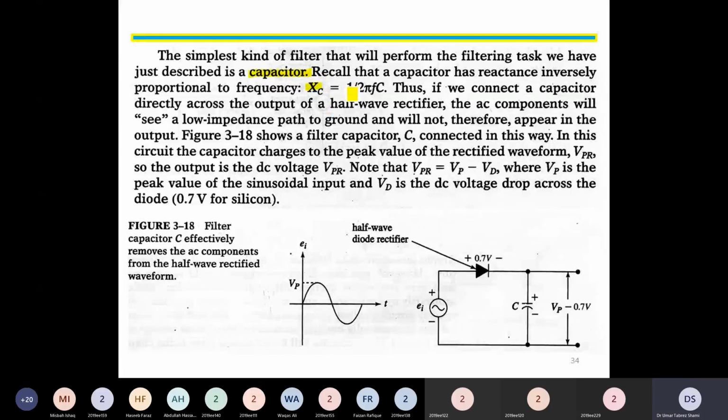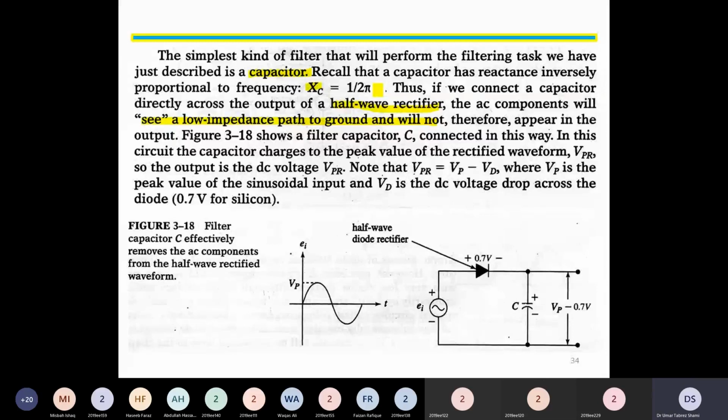Thus, if we connect a capacitor directly across the output of a half-wave rectifier, the AC component will see a low impedance path to the ground and will not therefore appear in the output. The impedance of the capacitor is described by 1 over 2 pi FC.